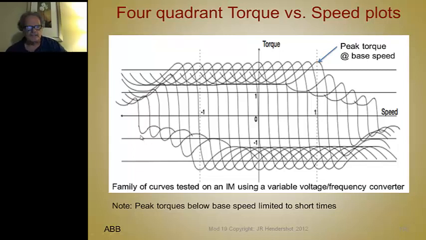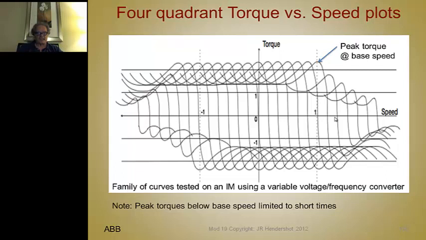So if we draw a curve fitting line that covers the outside extremity of this motor, this inverter driving this will operate at any load point inside that envelope in any of the 4 quadrants.